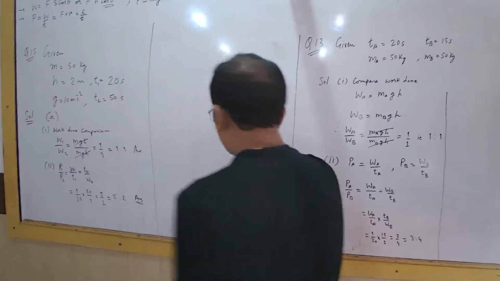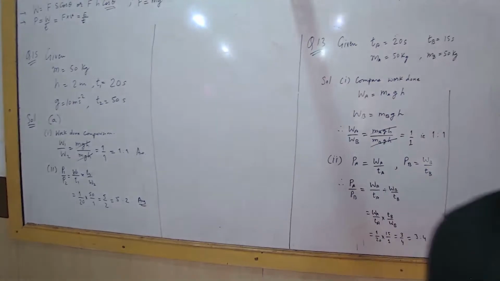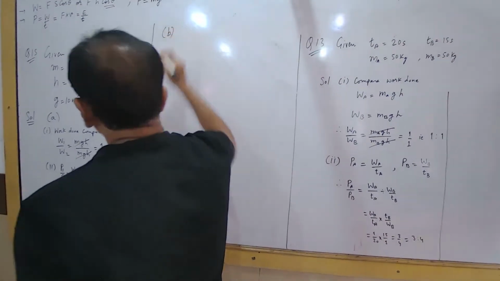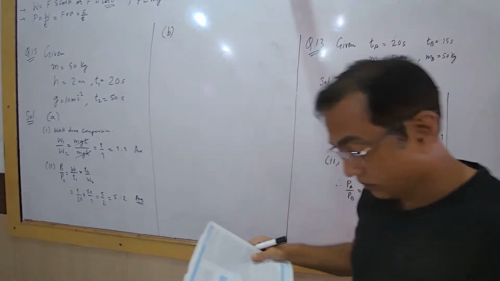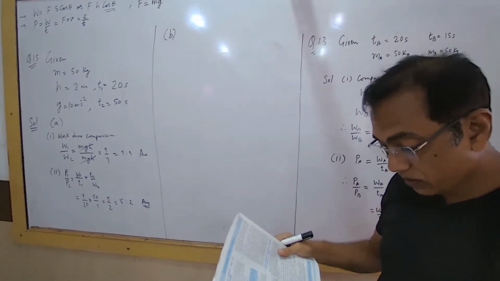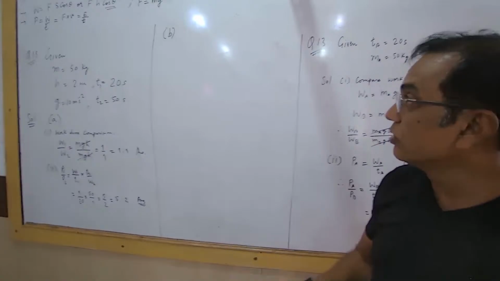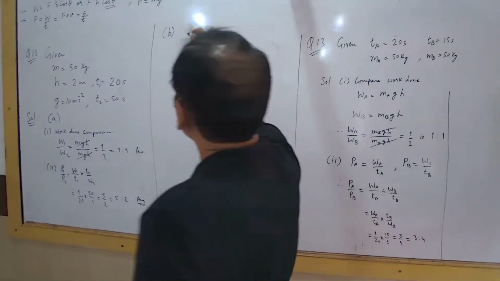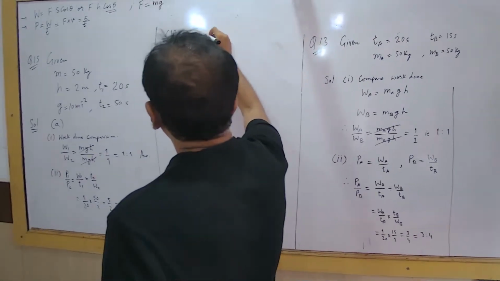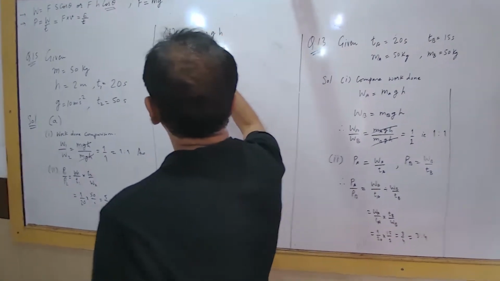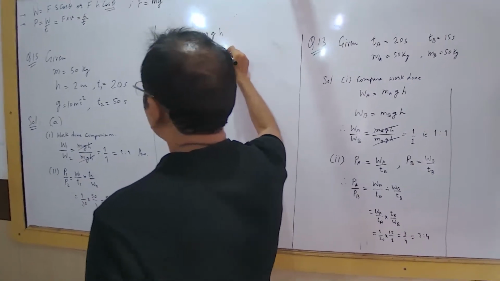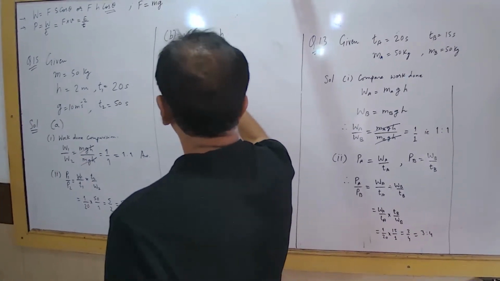So A part is over. What you have to calculate in part B? Calculate the work done and power developed by. So you have to calculate W1, W2. What is W1? mgh. So how much is M? 50 into 10 into H is 2.